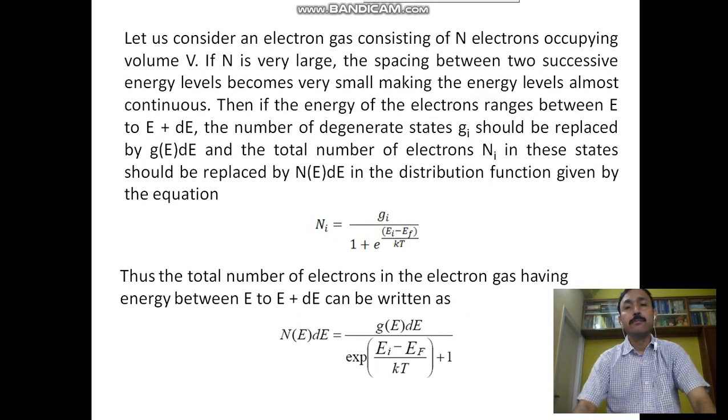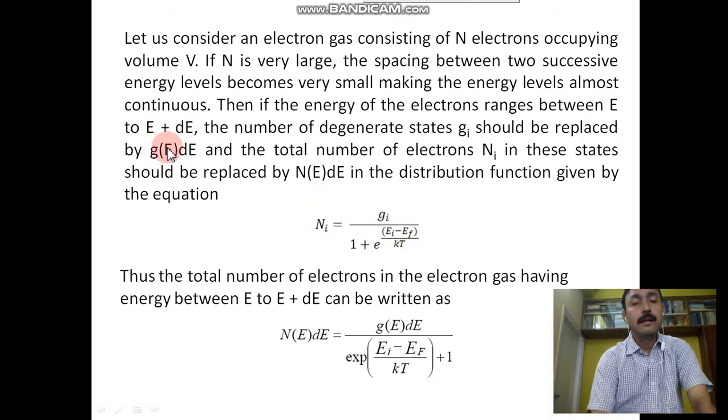Then, if the energy of the electrons ranges between E and E plus dE, the number of degenerate states Gi should be replaced by G(E)dE.